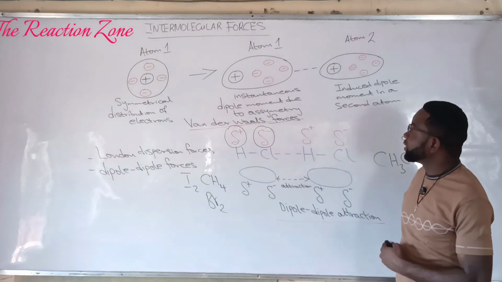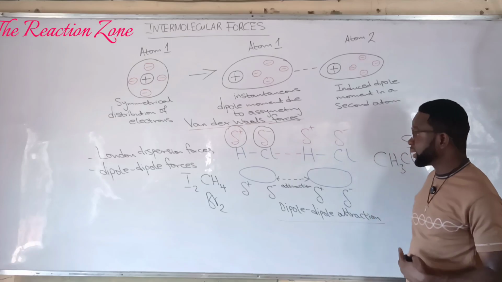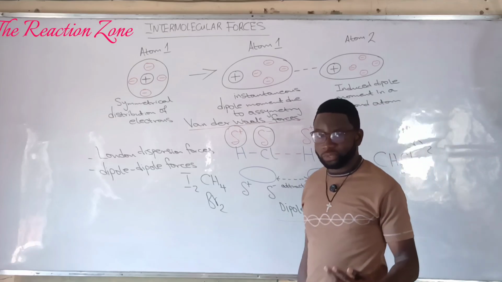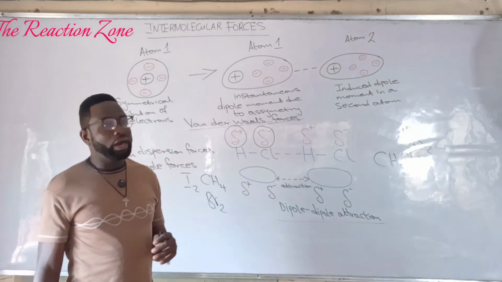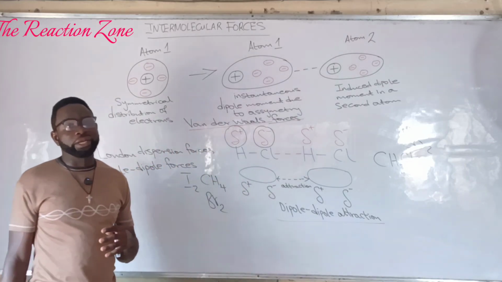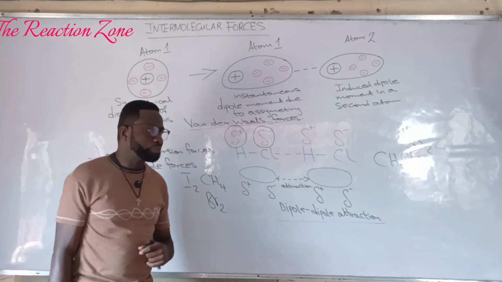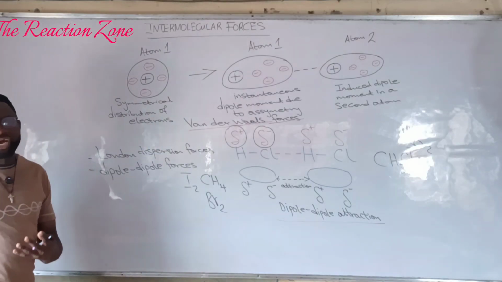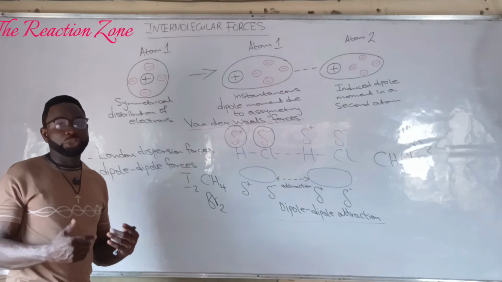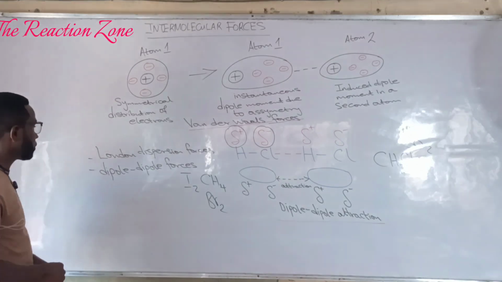Now, the first type of intermolecular force that we're going to look at is van der Waals forces. Van der Waals forces are forces that exist between molecules. It is not an actual chemical bond, but it's an attraction between particles.